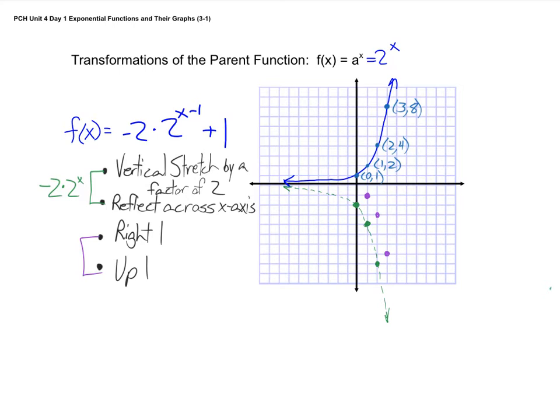So if we shift it up 1 unit, our asymptote is also going to shift up 1 unit. So here's our asymptote at y equals 1. This is probably the most commonly missed part of this: students still have it approaching 0, but it actually is going to approach +1.